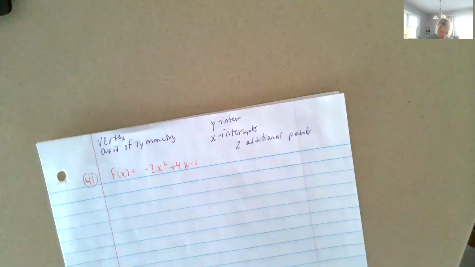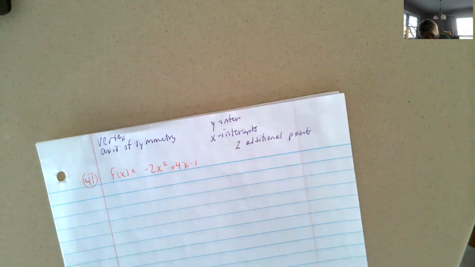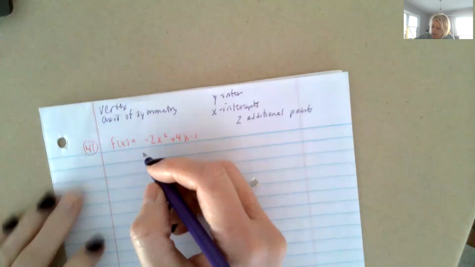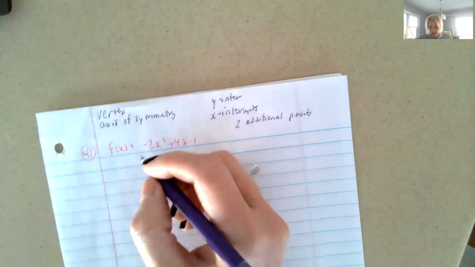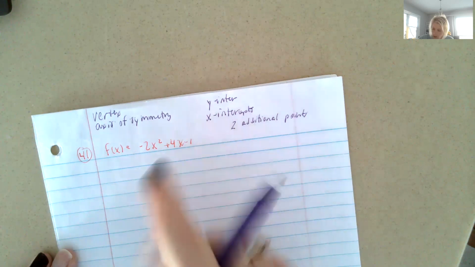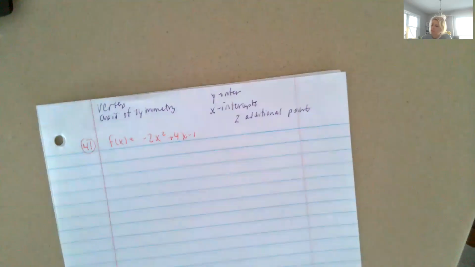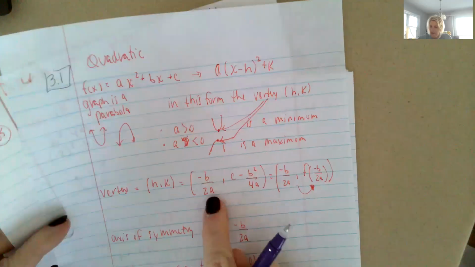And then you want a quick sketch. So the vertex. Because it's not in vertex form, we need to find the negative b over 2a.